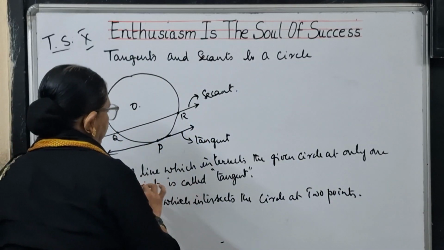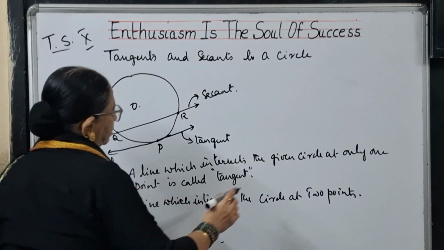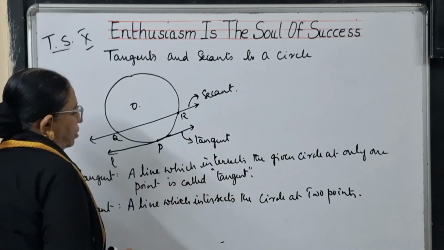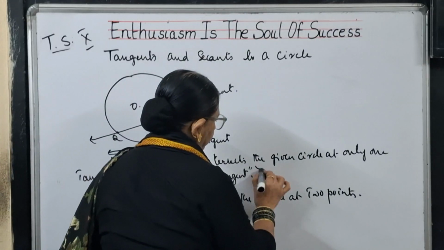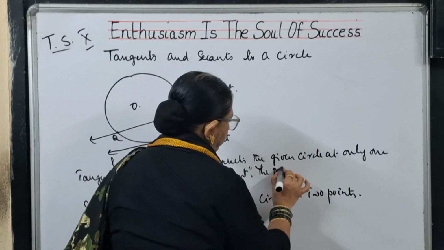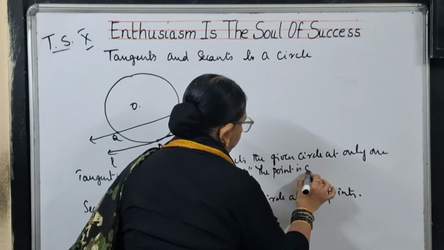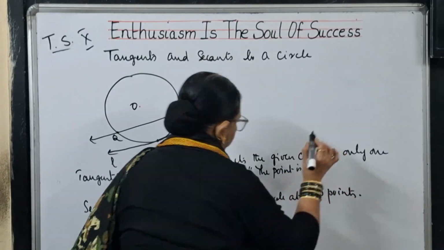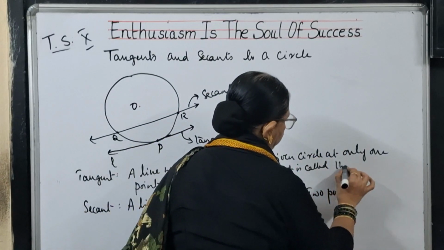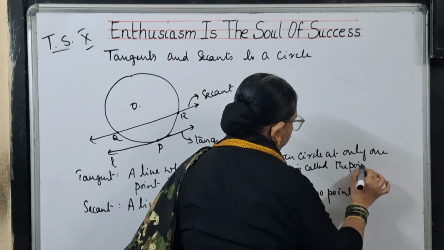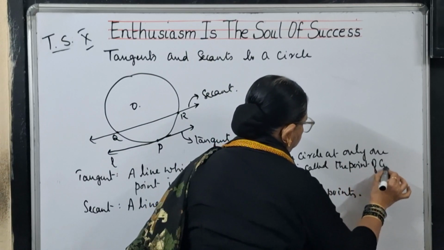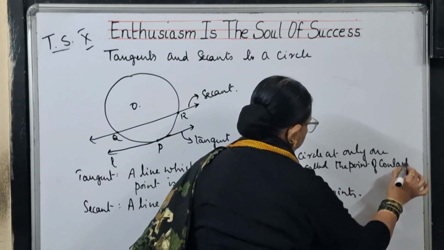And here, the line which intersects the given circle at only one point is called a tangent, and the point is called the point of contact.